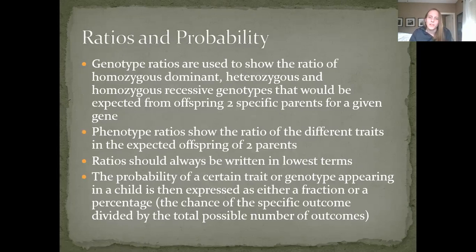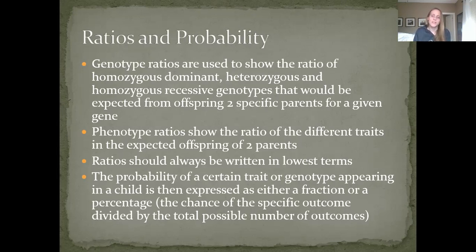And so usually what we're looking at when it comes to genotypes and phenotypes are actually genotype and phenotype ratios. So in a genotype ratio, we're looking at the ratio between homozygous dominant, heterozygous, and homozygous recessive, and what ratio between those is expected in the offspring of 2 parents.